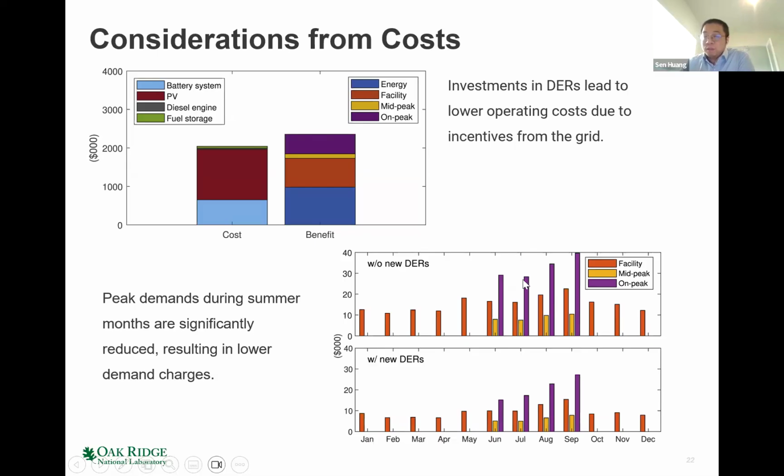Because you can see from the figure below, we are able to utilize those DER, like the battery and the diesel generator, to reduce the peak demand. The utility company actually gives incentives to reward that kind of action. That's why the figure here shows that we are able to have a better cost only when there is incentive from the utility company.